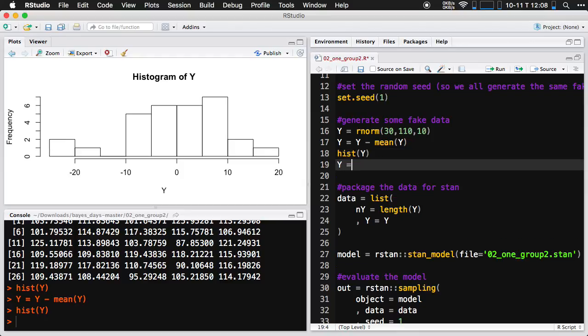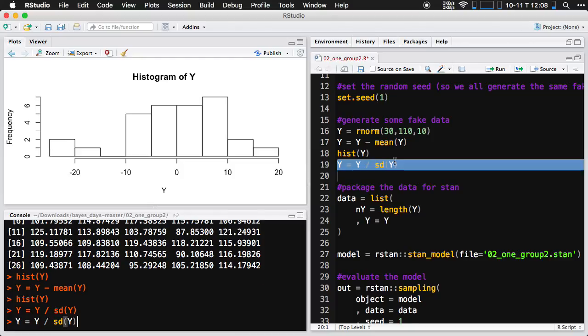So you say y equals y, and instead of a subtraction, now you do a division. You divide by the standard deviation of y. Again, we're taking every element in y and dividing it by this thing, which happens to be a measure of variability of y. Standard deviation is a very common one to use.